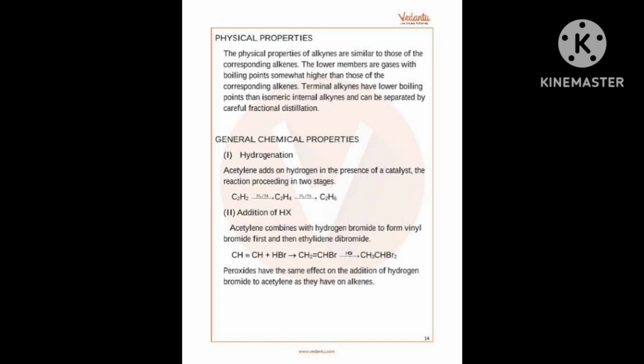Three: halides, hydrogen, and halogens. Okay, halide is different, halogen is different. Halide is HX and halogen is Cl2, Br2, I2, like that.